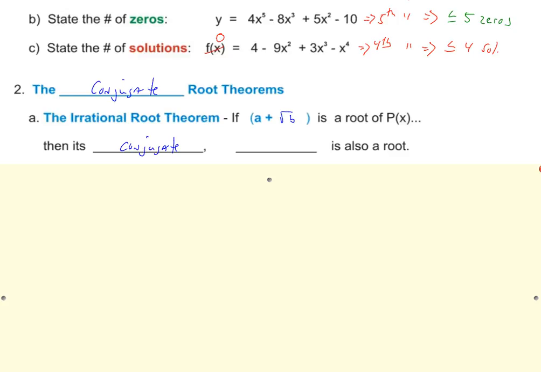And somebody tell me the conjugate of a plus the square root of b. You should all know if we're remembering. What's the conjugate of a plus the square root of b? Nobody? We've used them at least 2 times already.